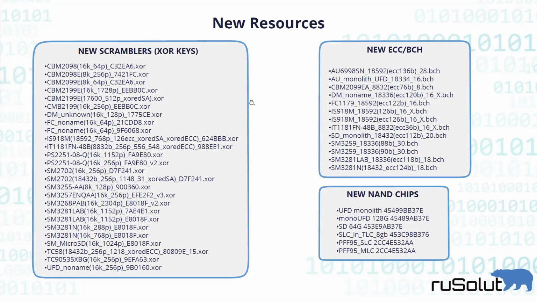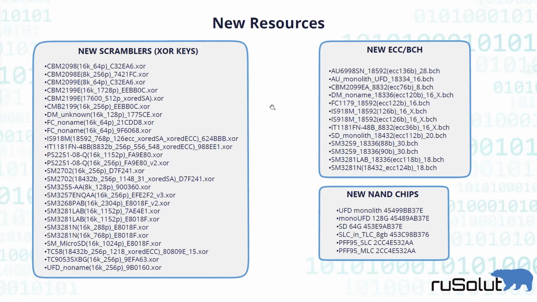In this version, we prepared many new XOR keys for you. As you can see, this portion is quite big. A few Silicon Motion XOR keys, a couple of Phison XOR keys, XOR keys for FC controllers.